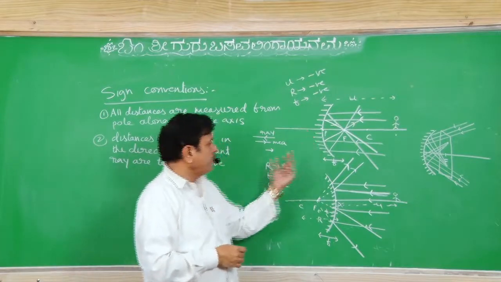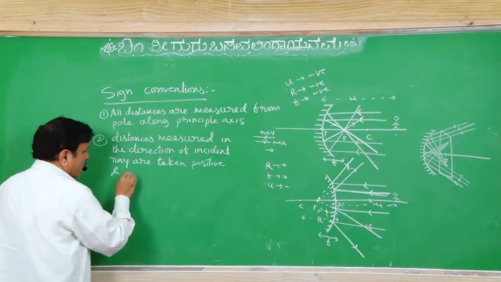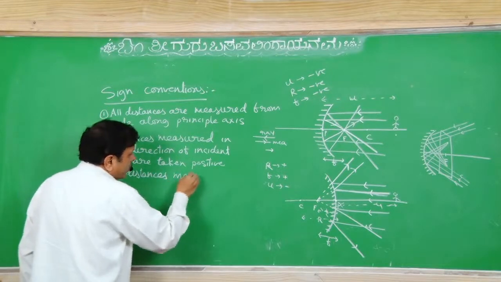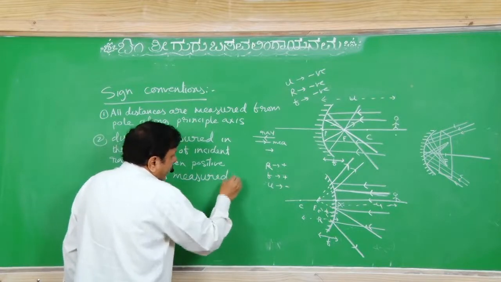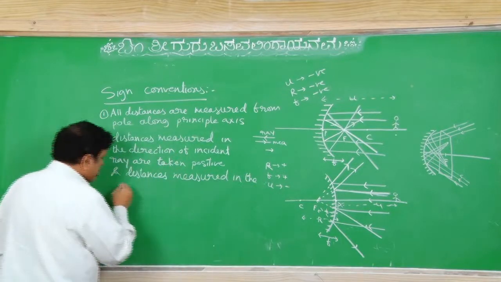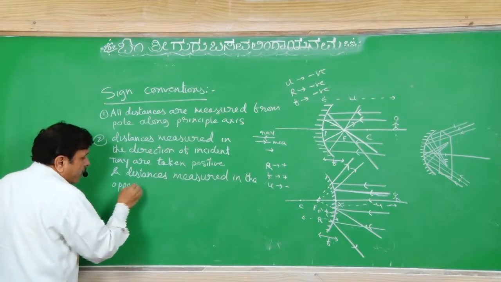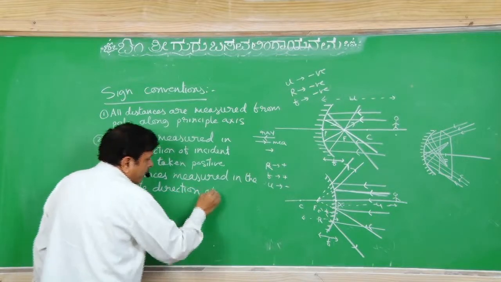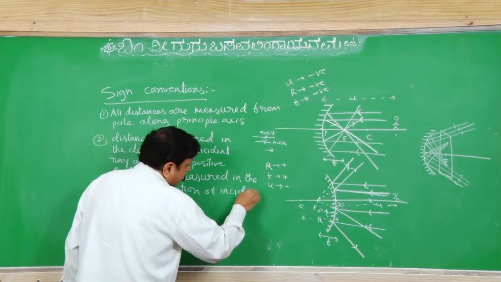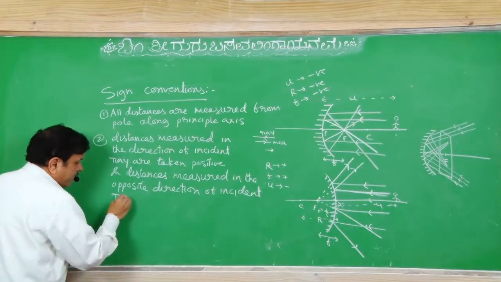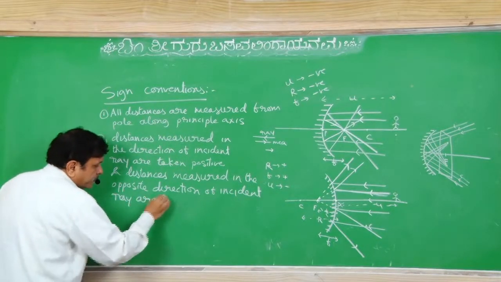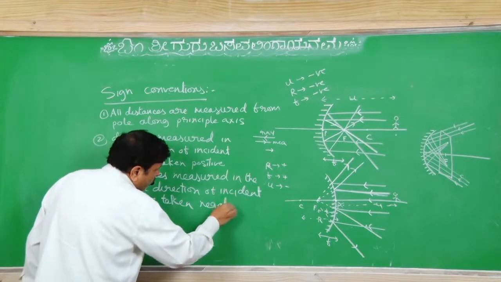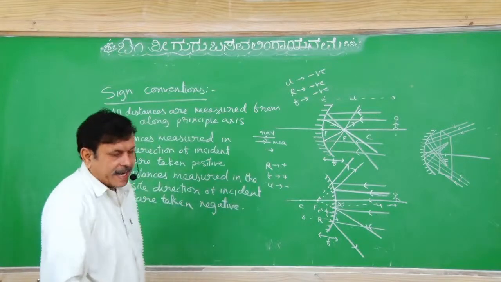Here it will be positive. And distances measured in the opposite direction of the incident ray are taken negative. It is the second point.